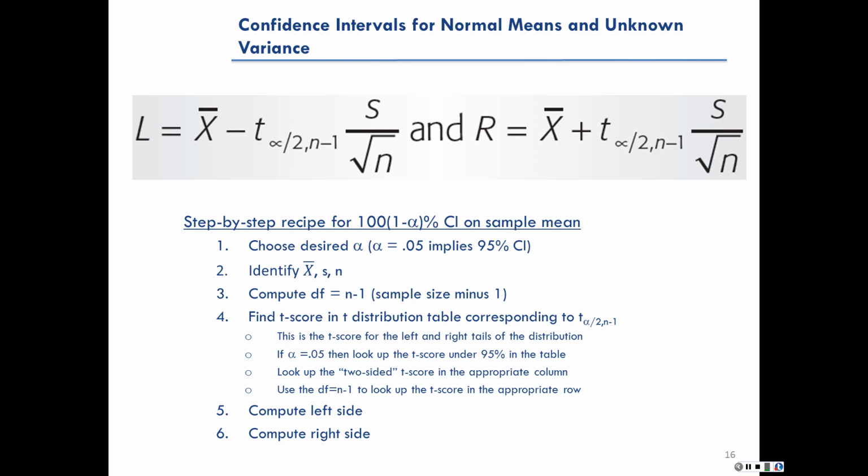If we're talking about confidence intervals, you want to look up the two-sided t-score under 95% in the table. On the rows along the far left-hand side, you'll see degrees of freedom. So you want to use the row corresponding to your degrees of freedom. You triangulate those, and it'll give you the t-score. And then you simply plug that t-score into the formulas for the left and right side of the confidence interval, and you have your confidence interval.